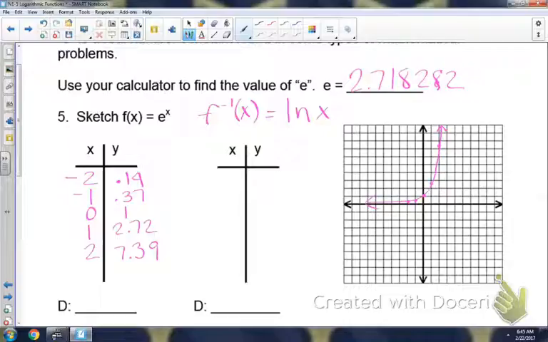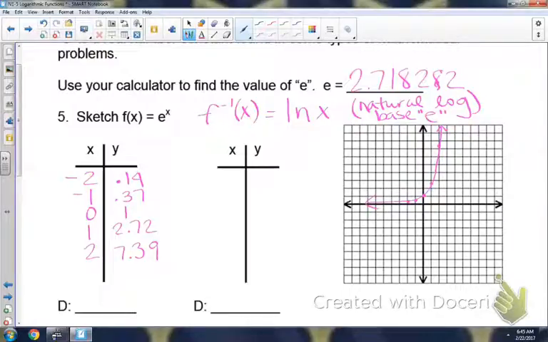Instead of writing log, you're going to write ln. That's when the base is e. If you have a natural log, I want you to write natural log here. The base is not going to be there on your log. The base is e. So that's why you're going from e to the x to natural log of x, because that base is e there.